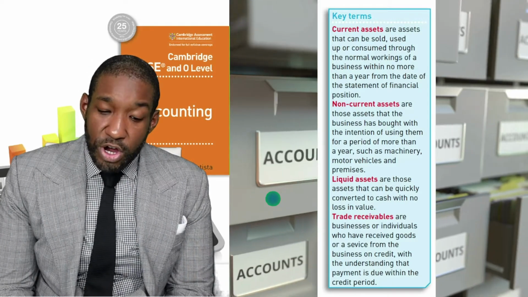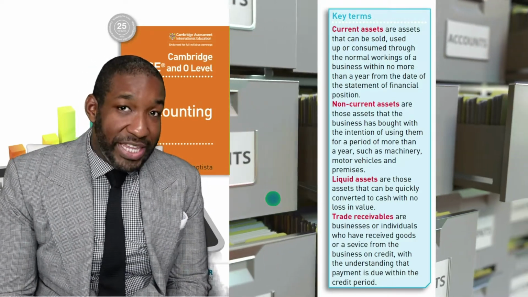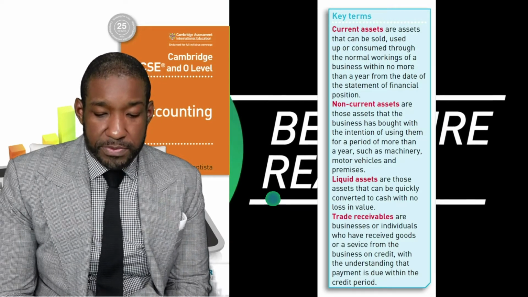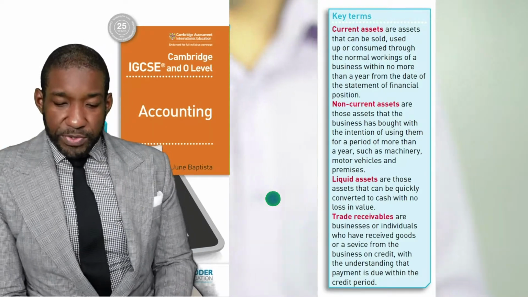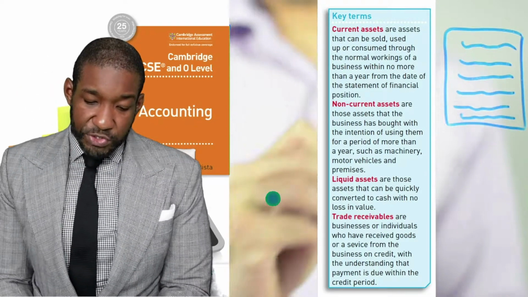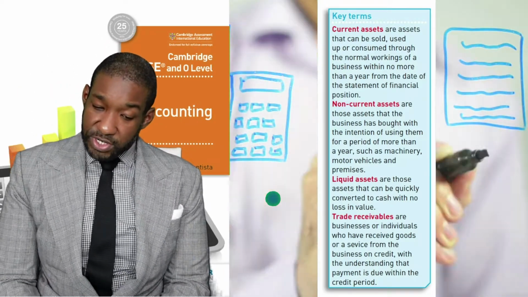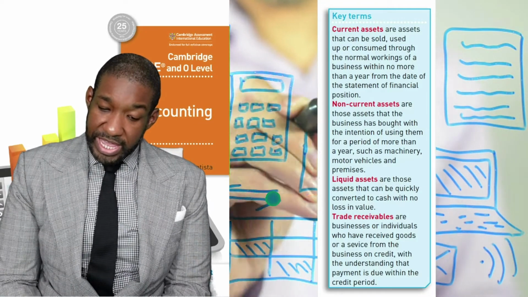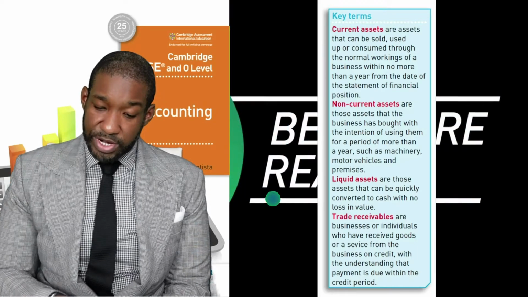Liquid assets are those assets that can be quickly converted into cash with no loss in value. Trade receivables are businesses or individuals who have received goods or a service from the business on credit with the understanding that payment is due within the credit period.